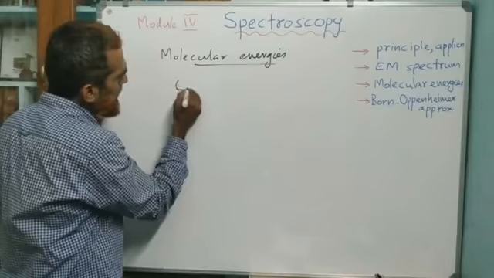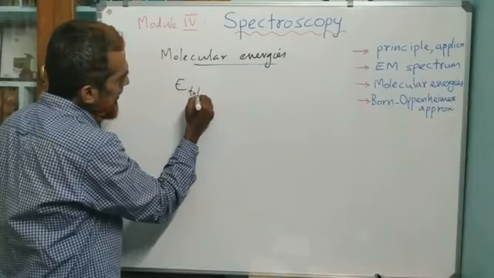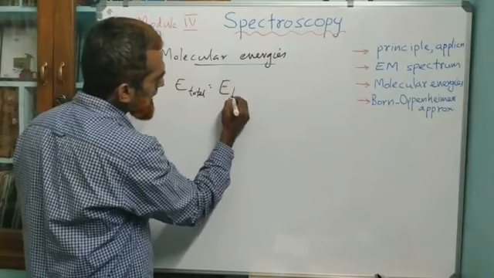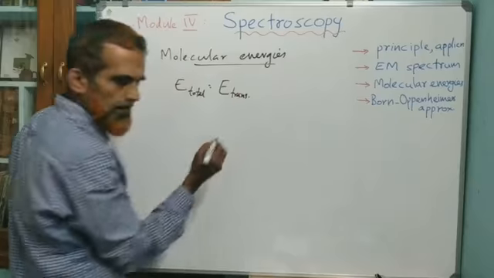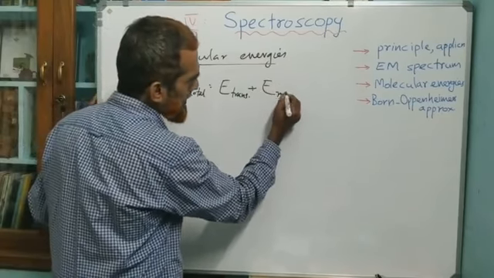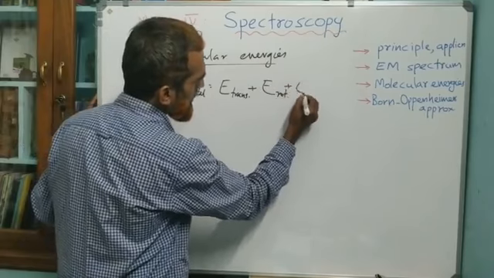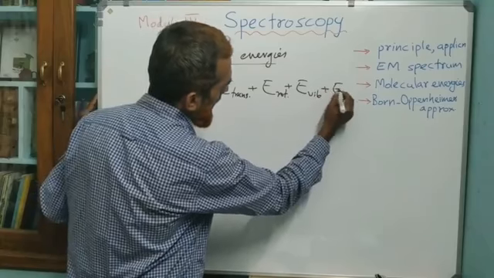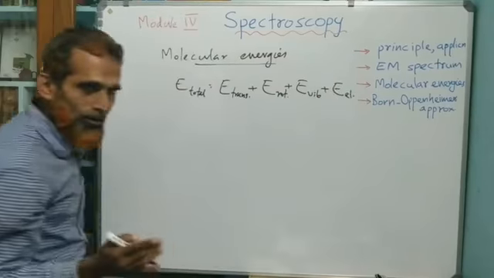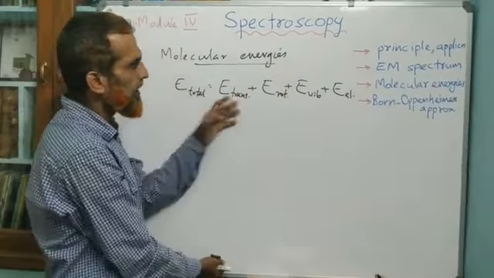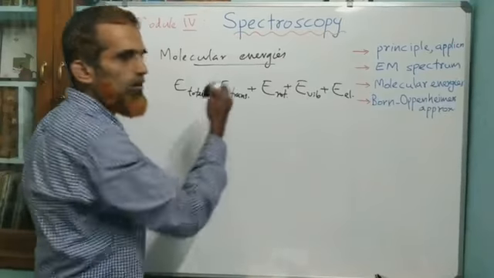So total energy of a molecule can be represented as the sum of translational energy plus rotational energy plus vibrational energy plus electronic energy. I told you a molecule can have 4 different types of energy. So the total energy is the sum of all these.